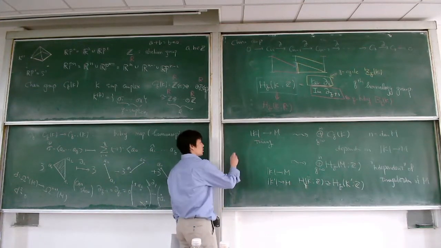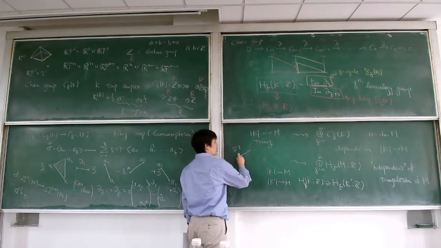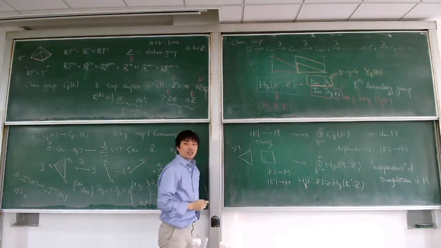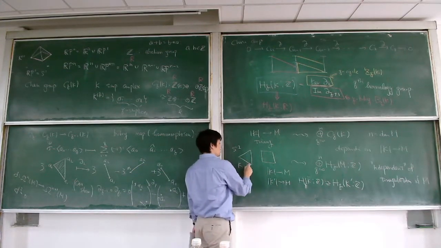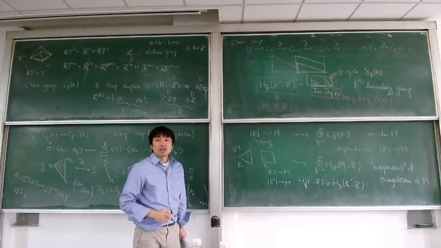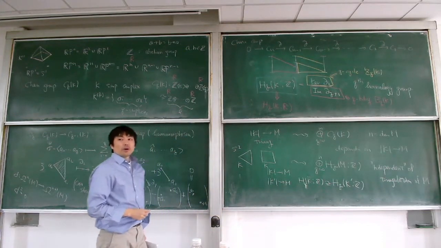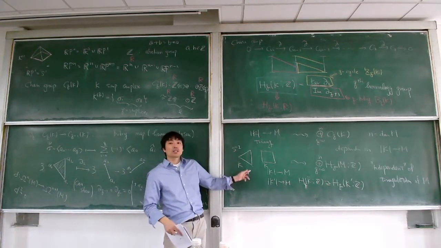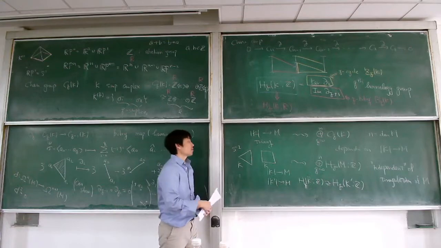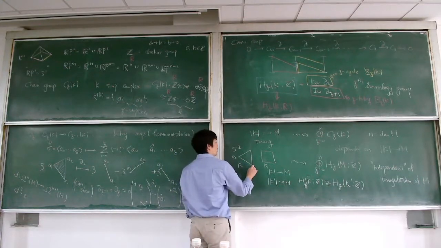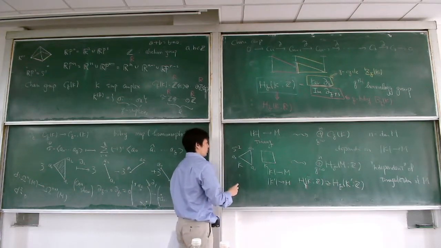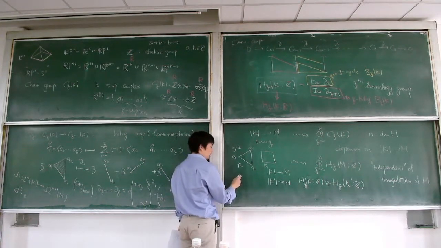For instance, let's consider S1 with two triangulations. As we already saw, once you consider all the one-simplices and sum them up, A0, A1, A2, and then take the boundary, so let's take homology.